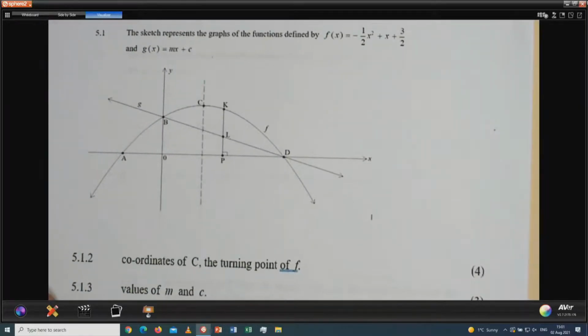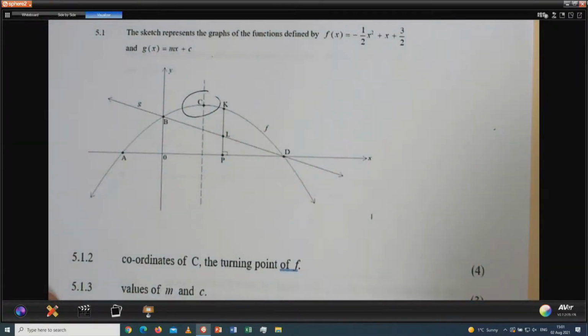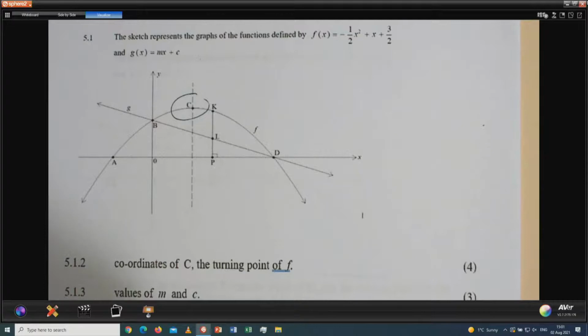Now, the next thing, they want C's coordinates, the turning point. So first of all, we're going to work out the axis of symmetry. Now, I know that f(x) is equal to negative a half x squared plus x plus 3 over 2, right?